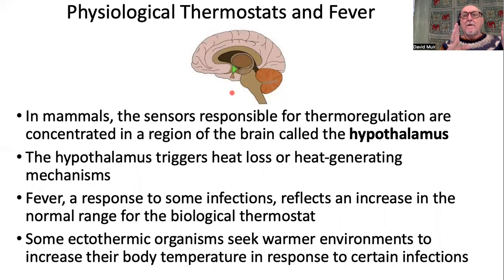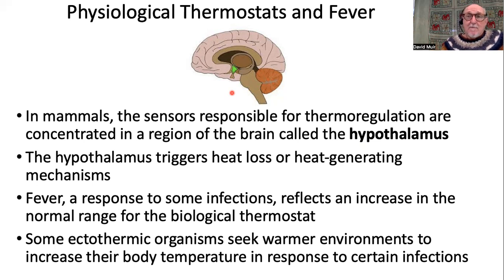But one of its most important functions is to sense the heat, the temperature of the blood passing through it and past it. And it is the hypothalamus which responds to rise or fall in blood temperature by stimulating different metabolic processes.